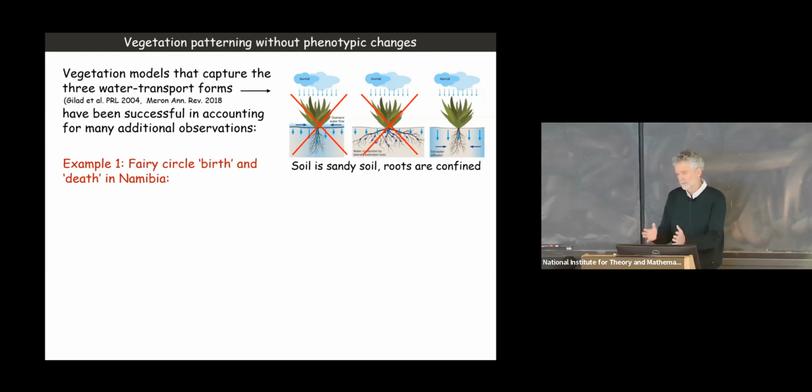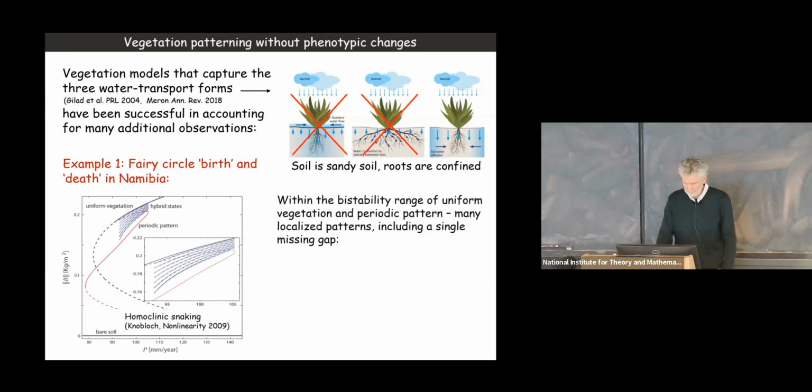And the confined roots, which span a few tens of centimeters, cannot explain those big fairy circles of 10 meters or even sometimes more. So what is left is the soil water diffusion transfer mechanism. And when we consider a model with that mechanism, which I actually showed you before, we get this bifurcation diagram.